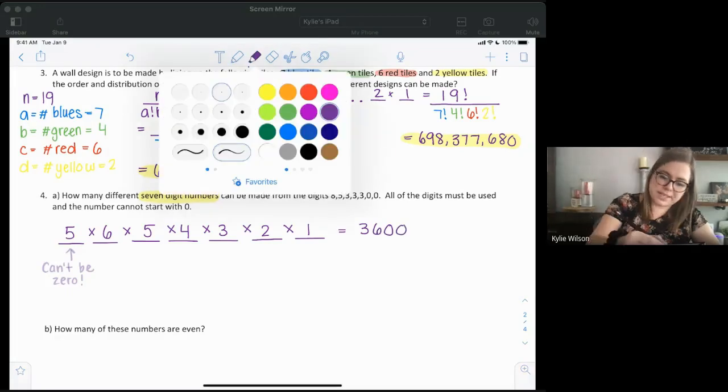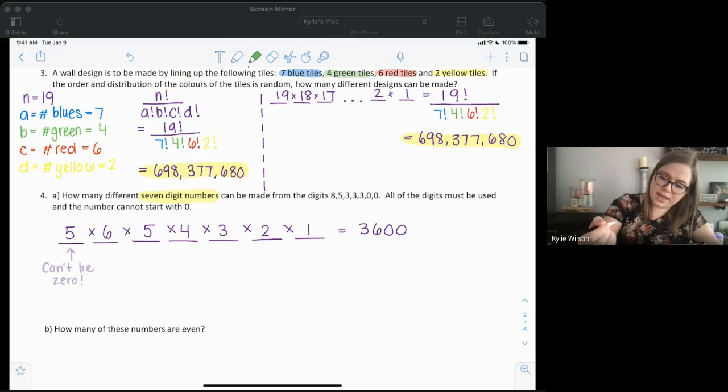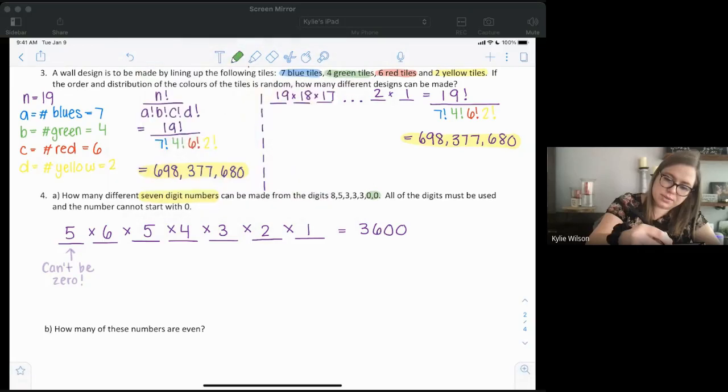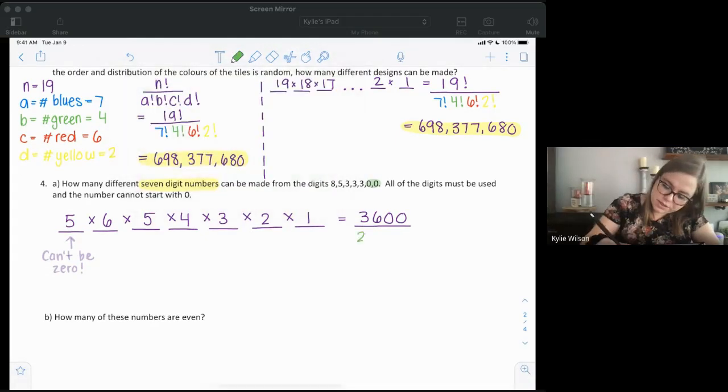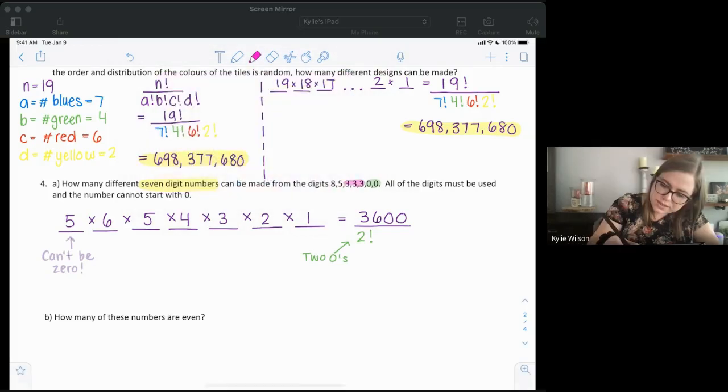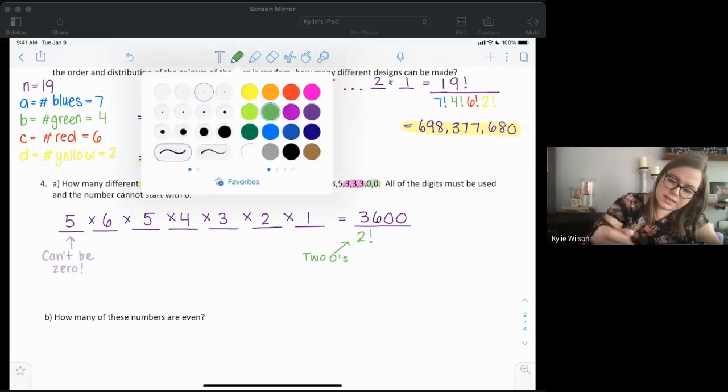So I'll get 3,600. And now let's see if I have any identical elements. I do have 2 zeros here. So we need to account for those 2 zeros being swapped. We're currently counting those as different arrangements, but they're not. So we need to divide out 2 factorial because we have 2 zeros. And then we also need to account for these 3 threes, right?